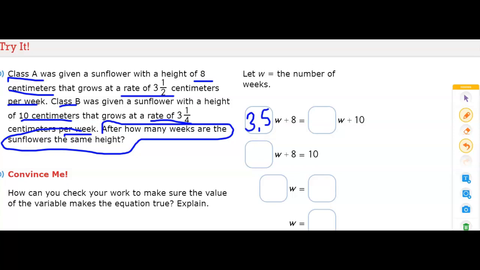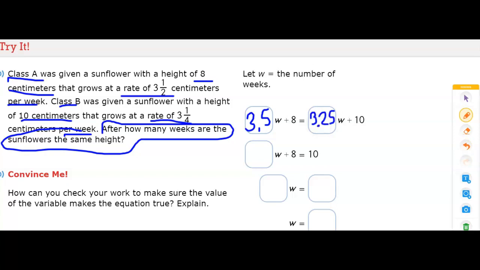So 3.5 times W plus 8 will equal, on the other side of that is class B, and how many centimeters it grows at the rate of 3 1/4. So 3 1/4 as a decimal is 3 25/100.